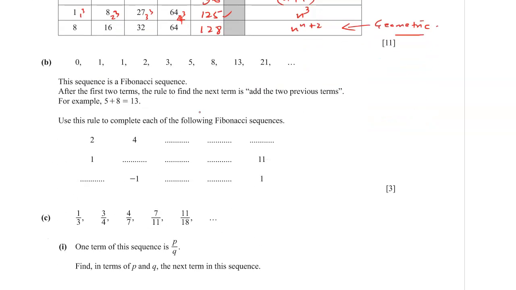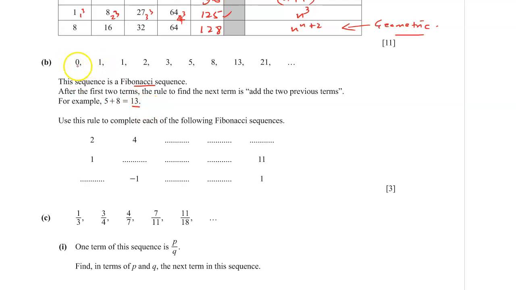B, and all this sequence is a Fibonacci sequence. After the first two terms, the rule to find the next term is add the two previous terms. For example, 5 plus 8 is equal to 13.